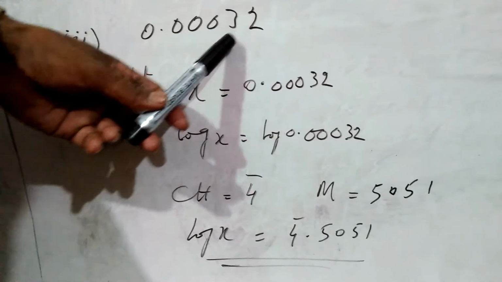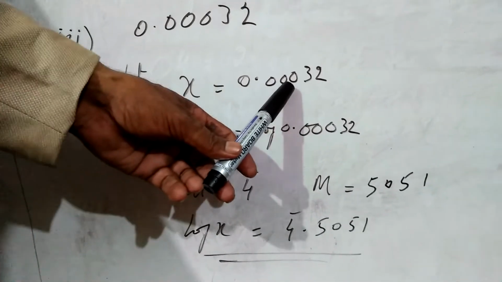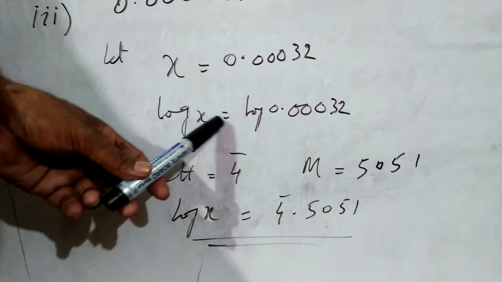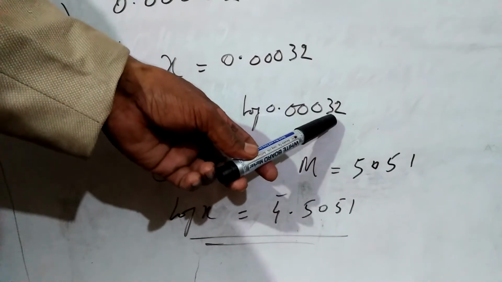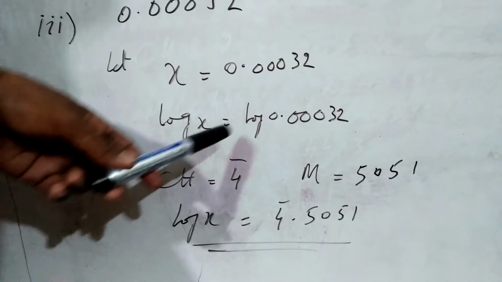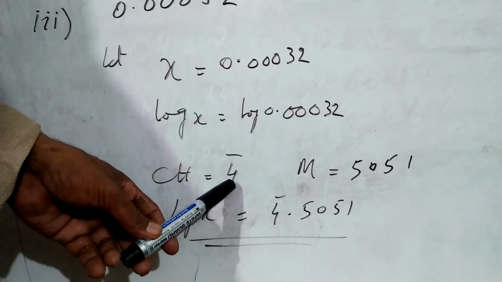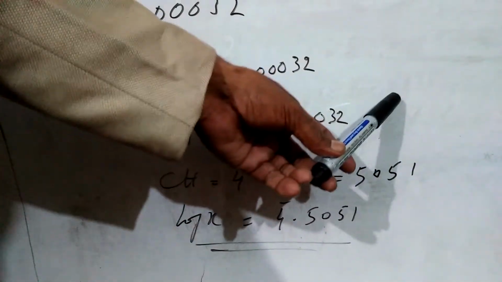In part 3, 0.00032. Let x be equal to 0.00032. By taking logarithm on both sides, log x is equal to log 0.00032. Its characteristic is, counting 1, 2, 3, 4, minus 4, and we have to see 32 in 0.